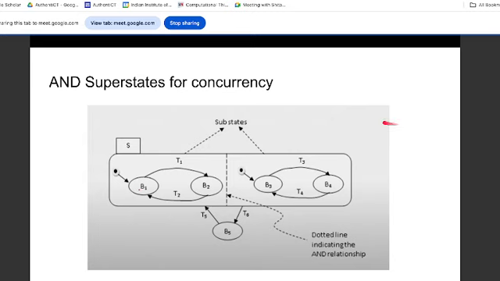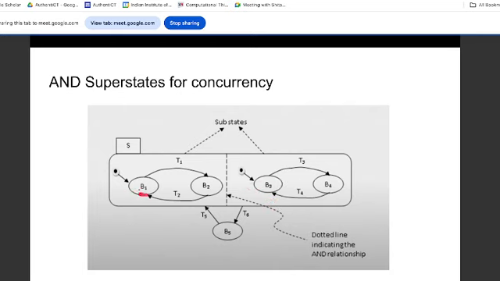Then the last issue was the concurrency. For concurrency, we have this super state which contains two different subsystems. There is one state machine about b1 b2, and another state machine diagram of b3 transitioning to b4.